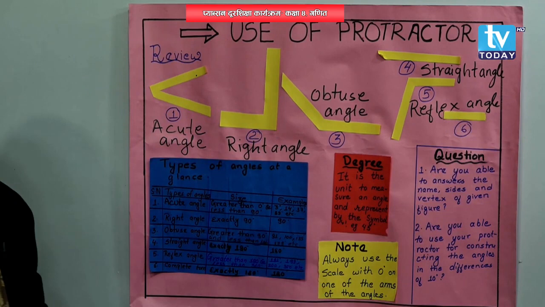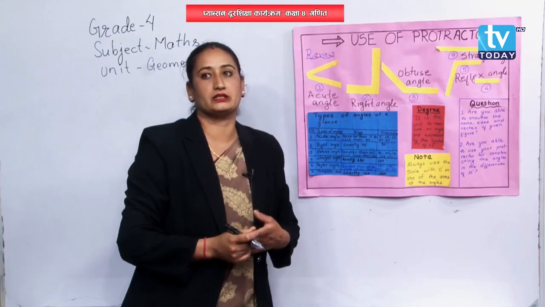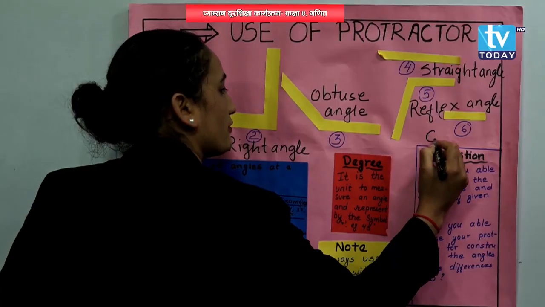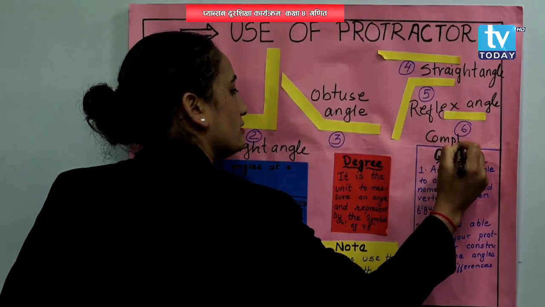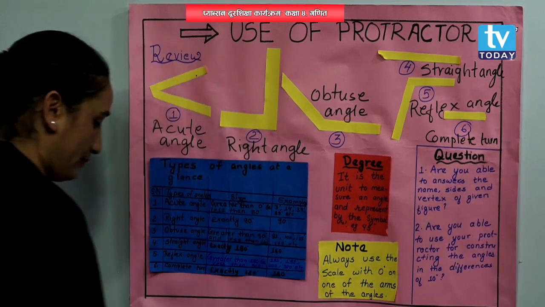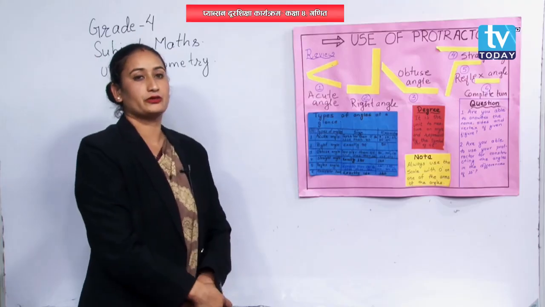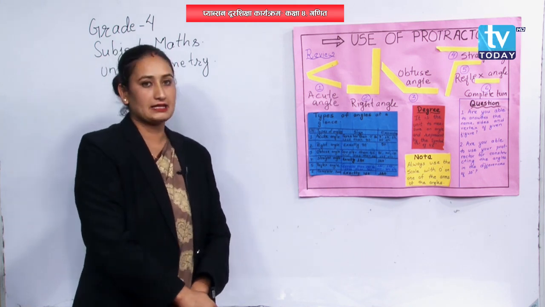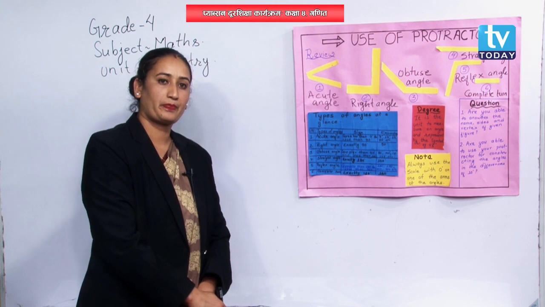So we call it a complete turn angle. I will write here, complete turn. I hope you can tell the names of the angles apart easily.